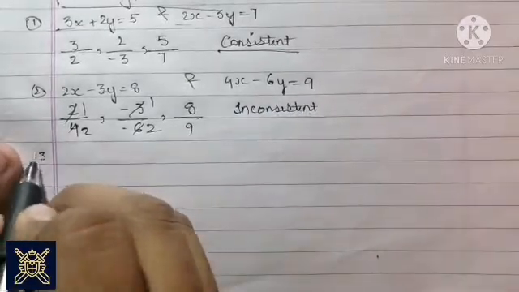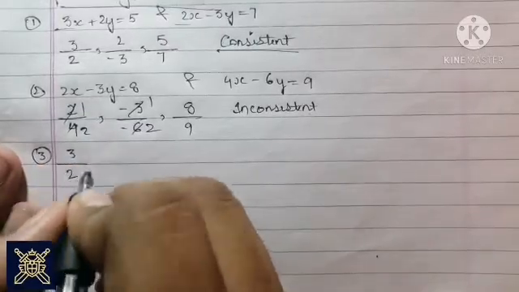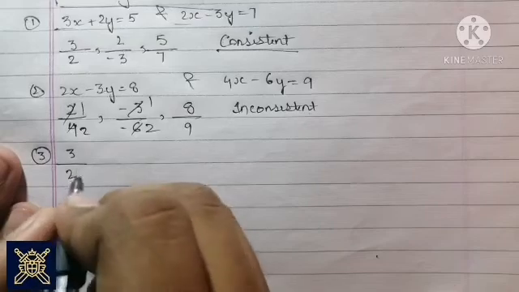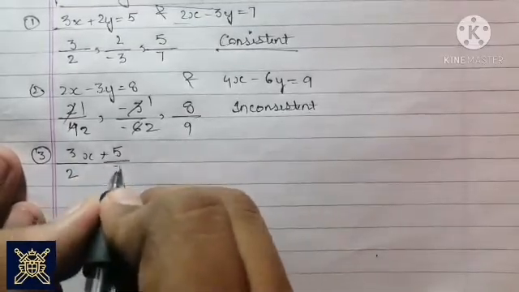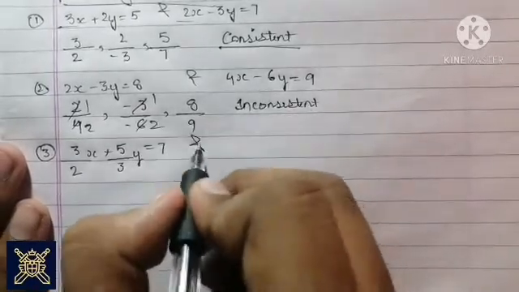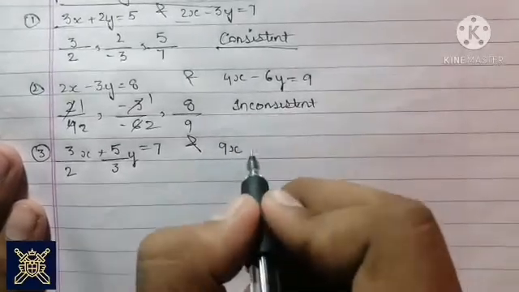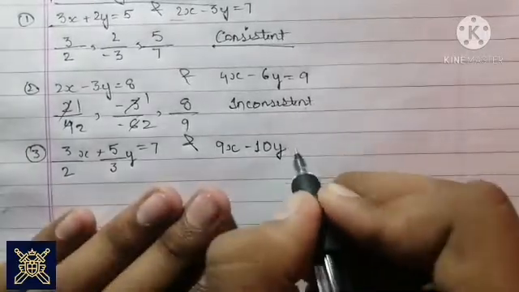Let's move on to the third part. For the third part, the equations were 3 by 2 x plus 5 by 3 y is equal to 7 and 9x minus 10y is equal to 14.